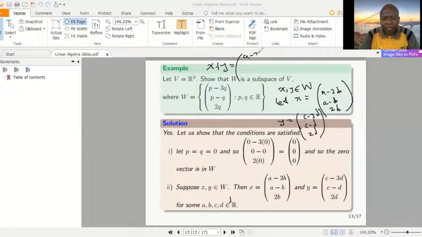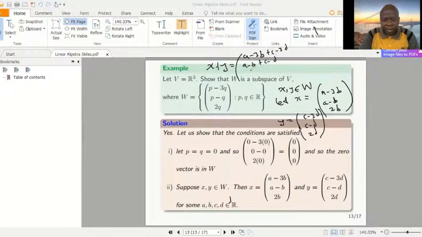The sum will be m minus 3b plus c minus 3d. And this other one will be m minus b plus c minus d.